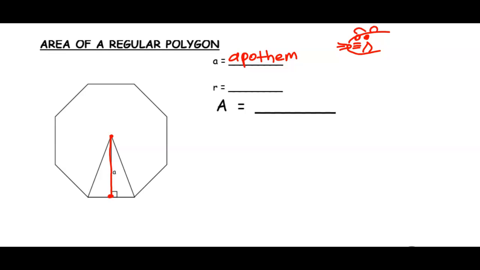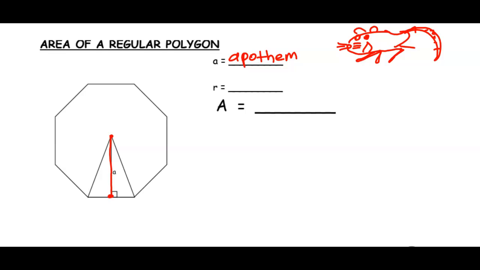I don't know how to draw. There's my possum. Whatever. But it's not an opossum. It's actually pronounced apothem. That's the proper pronunciation. You can say apothem, whatever.